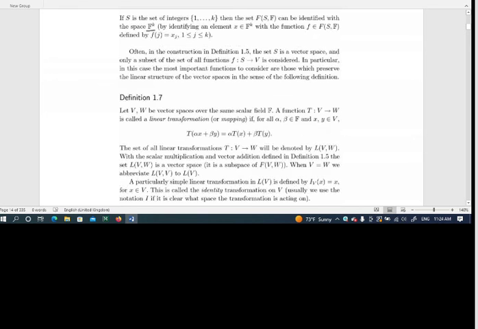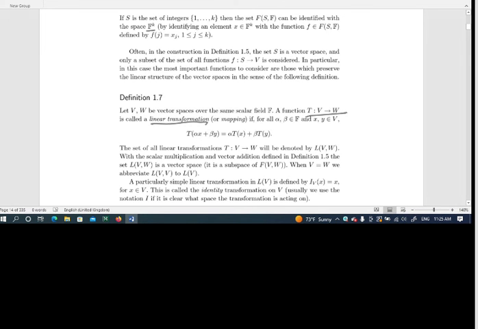Another definition: when V and W are vector spaces over a field F, a function T from V to W is a linear transformation, or just a linear mapping, if for any two scalars alpha and beta and any two members x and y, we have T(alpha x plus beta y) equals alpha T(x) plus beta T(y).